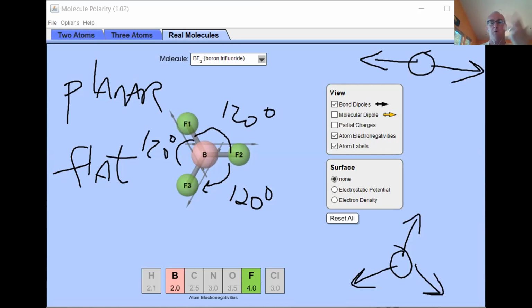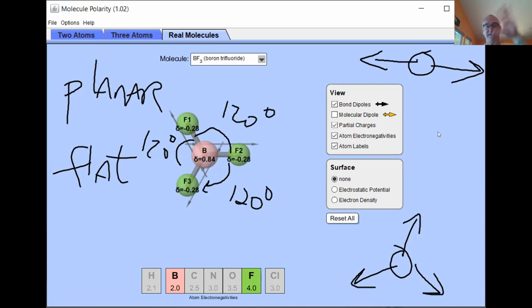So what I'm going to have is boron in the middle is going to have a slightly positive charge to it, and let's have a look and see how bad the partial charges are. I bet boron is just suffering. Yeah, so boron basically almost has a full positive charge.